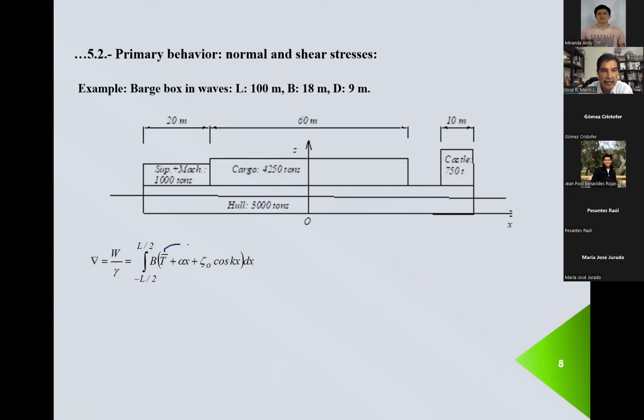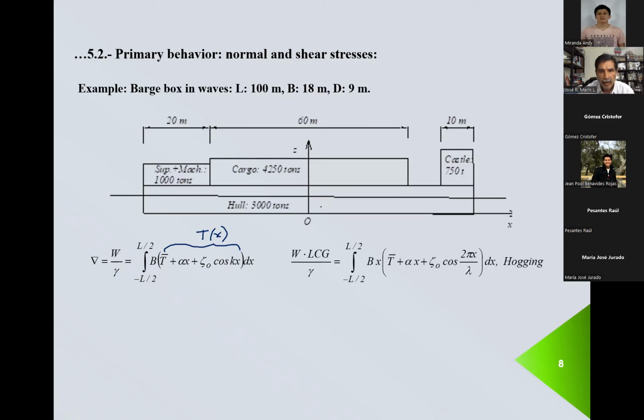This is the draft as a function of X. So B times T, that's your area, because this is a rectangular section, because this is a box barge. Then we integrate in X. I'm integrating just the volume. That's why I put the specific weight on the left-hand side. So this is one equation because we know the total weight, which is the summation of all of that.